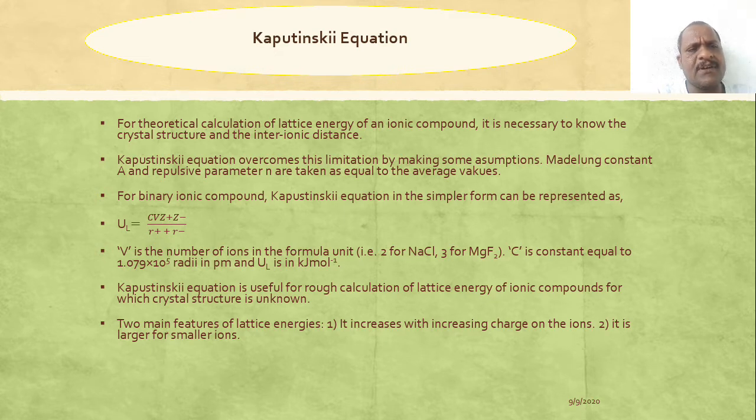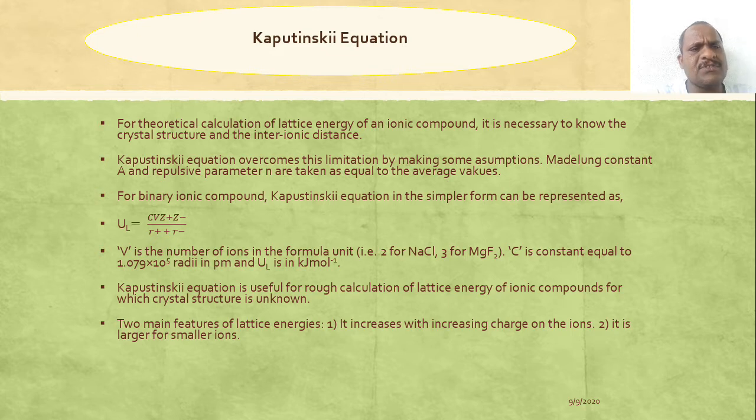For example, if I have NaCl, then 2 ions are present, so V is equal to 2. For magnesium fluoride MgF2, 3 ions are present, and therefore V is equal to 3.